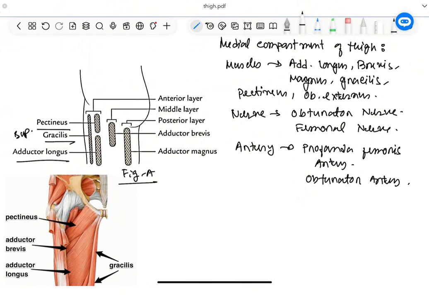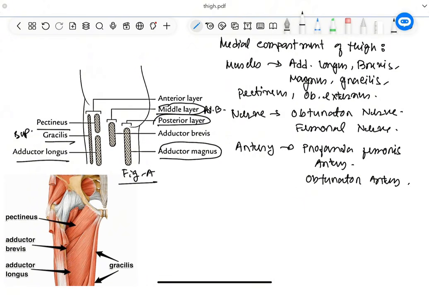get a muscle that is called adductor brevis, and the third layer, or more posterior deeper layer, will be adductor magnus. So, superficial, then middle, then the most inner or posterior layer we are going to get adductor magnus.